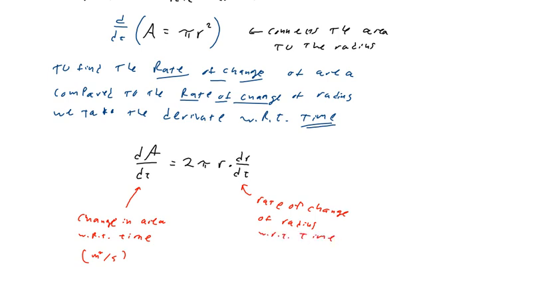And so that's going to be something like meters per second. How many meters is the radius growing or shrinking every second?